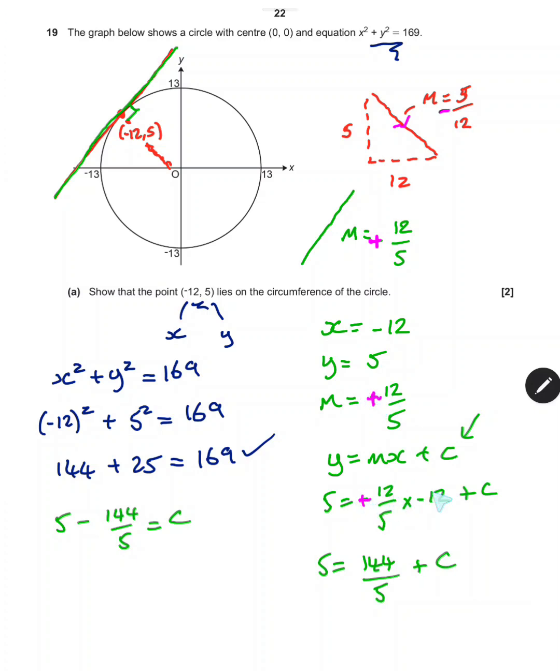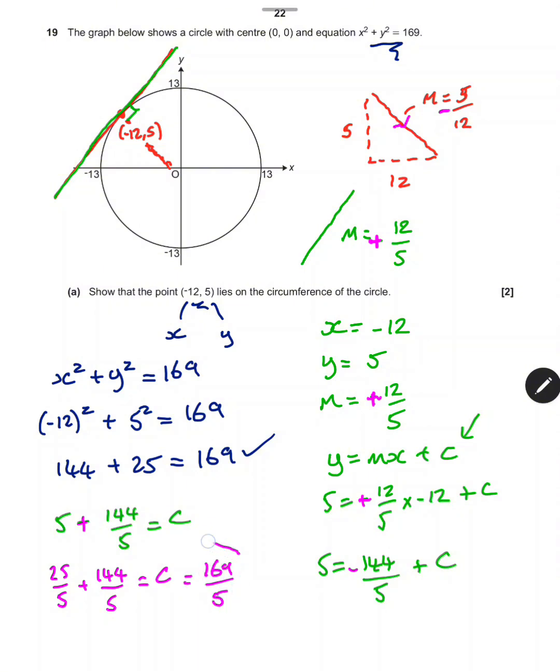And when you do positive 12 times negative 12, you end up with negative 144/5. That means this is an addition there. So what we've got to do now is 5 added to 144/5. Well, 5 is 25/5. And I'm going to add 144/5. That is c. 25/5 add 144/5 is 169/5.